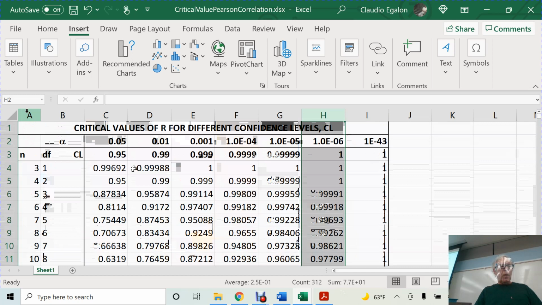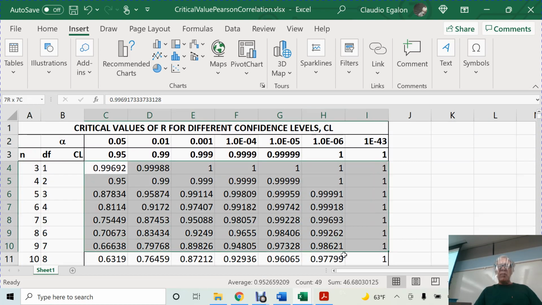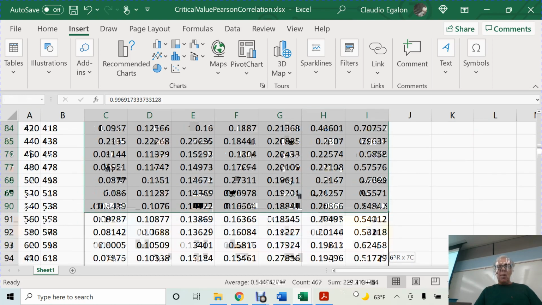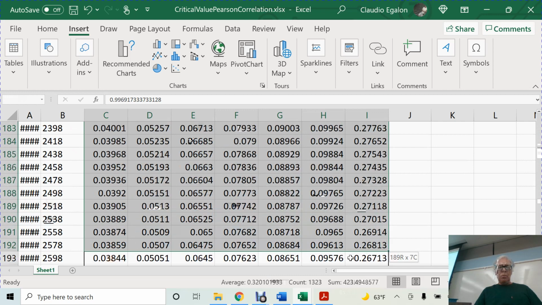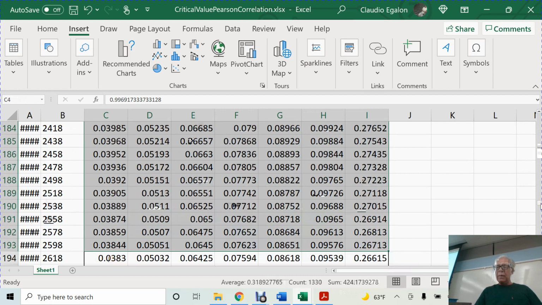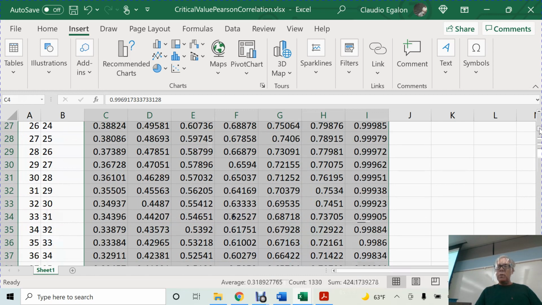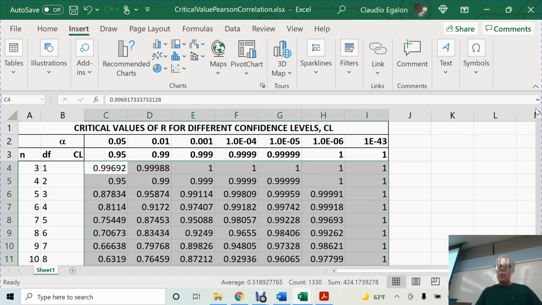N, DF, alpha and CL. Okay? What about the rest of this table? The rest of this table is the R square that you found there in your graph. Make sense?